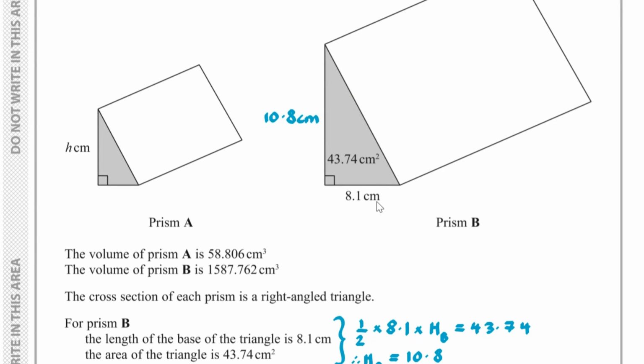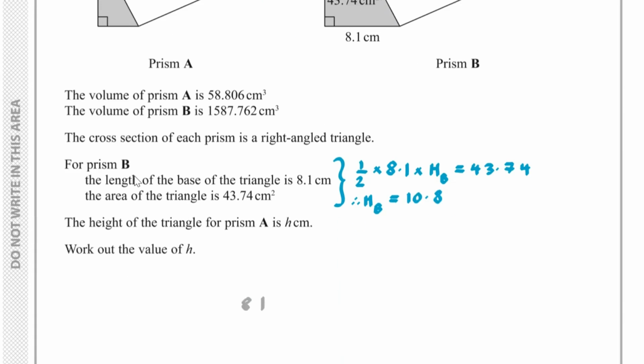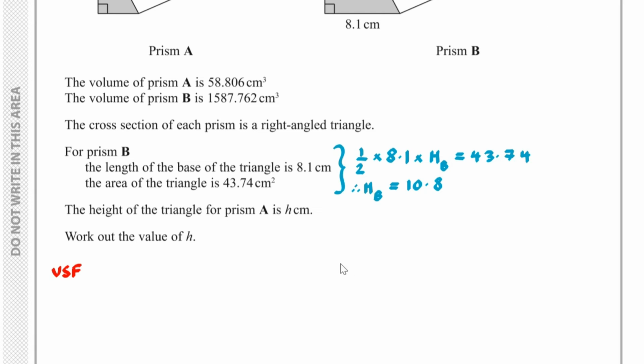So we have 10.8 centimeters as seen here. Now, because we know the volume of B and we know the volume of A, what we can do is find out the volume scale factor. The volume scale factor is equal to 1587.762 divided by 58.806.